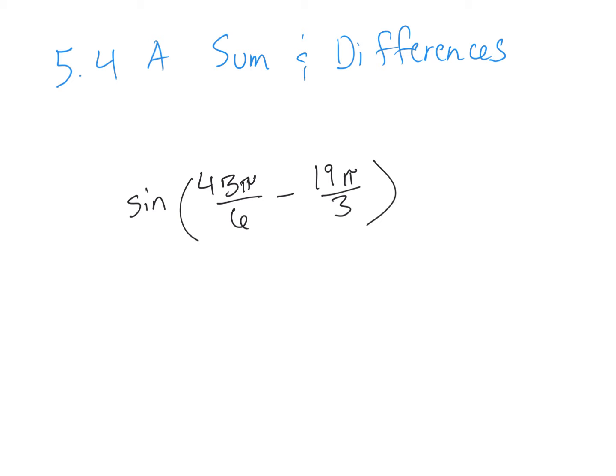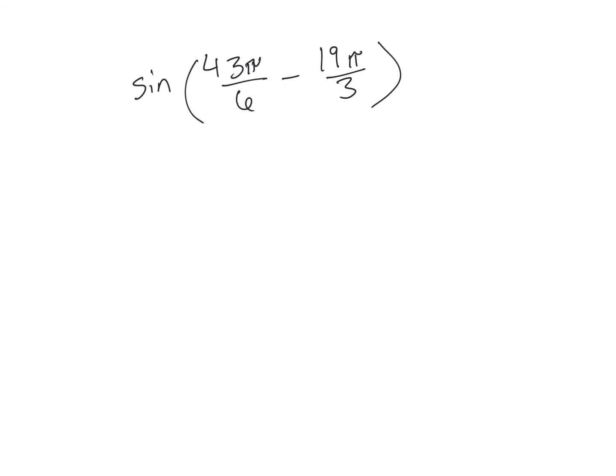The sum and differences allows us to use the angles that we already have, 30, 60, 90, and 45, 45, 90, to break up other angles that would be similar but not exactly those, to get those particular functions. So first, let's subtract this.